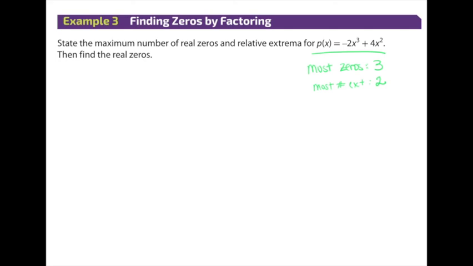So we have this function. To find a 0, I want to find where the function is 0. Where is it 0? So in order to find out where it is 0, I set it equal to 0. Negative 2x cubed plus 4x squared equals 0. I am then going to be solving by whatever method I need to solve by. This right here, I'm going to actually factor it, right?